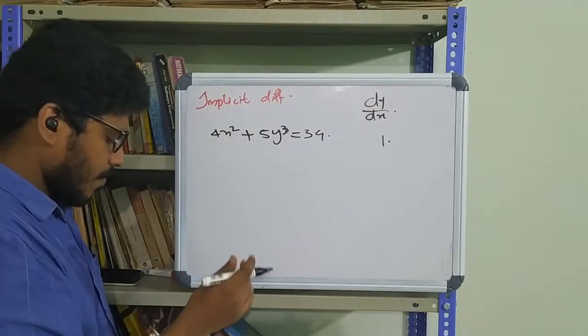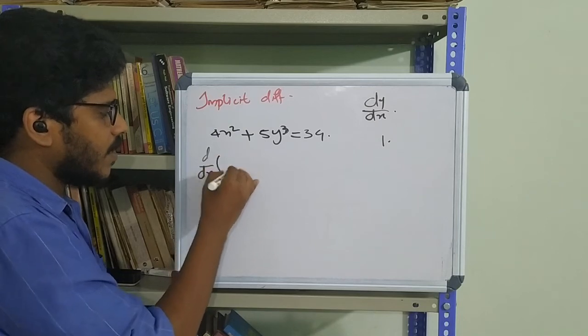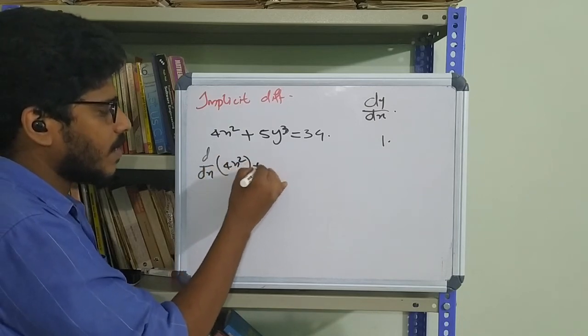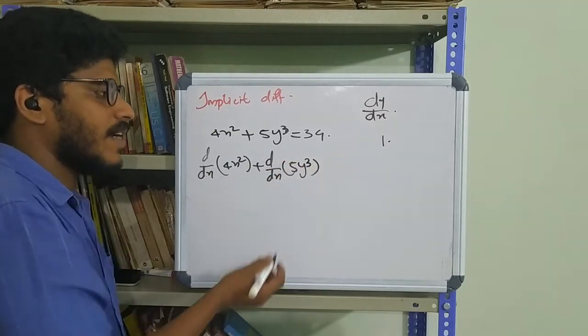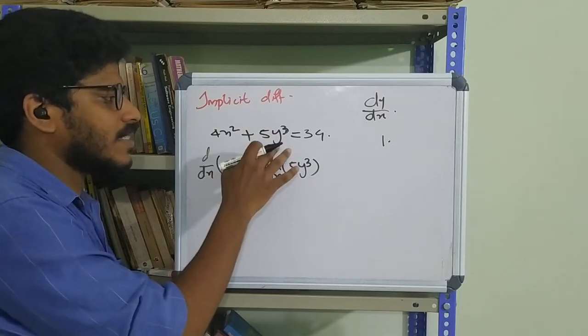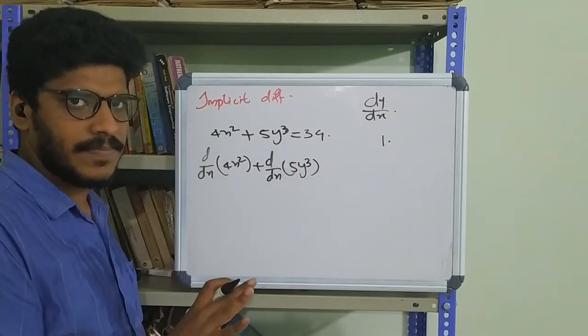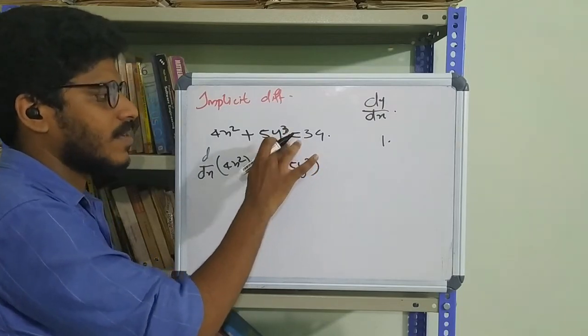Okay, so let's differentiate term by term. What we do here is d by dx of 4x square plus d by dx of 5y cube. See, when we differentiate with respect to x, we consider y as a function of x. So y is actually y of x, right?